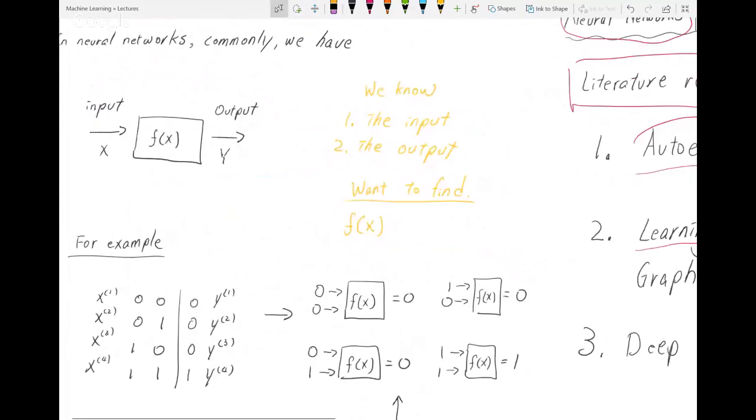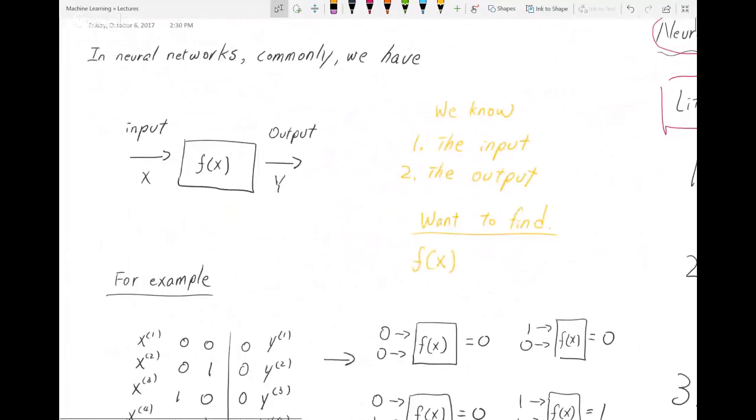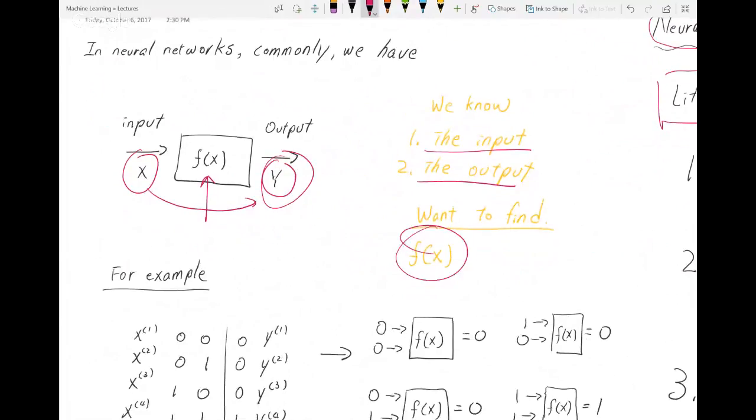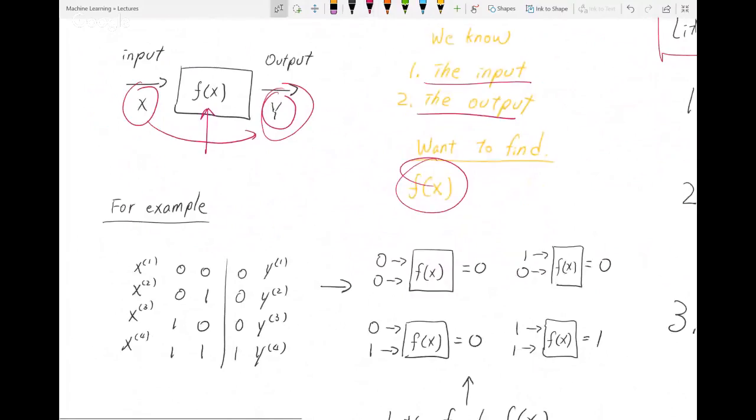In neural networks, commonly, we have the type of problem where we know the input and we know the output. What we want to find is the function that allows us to do the transformation from x to y. For example, the inputs could be like 0, 0, 0, 1. This is just an example.